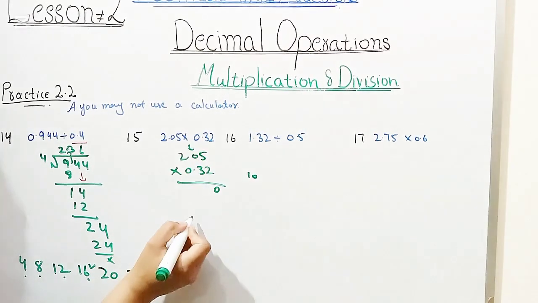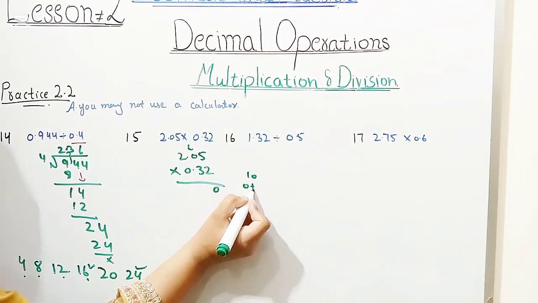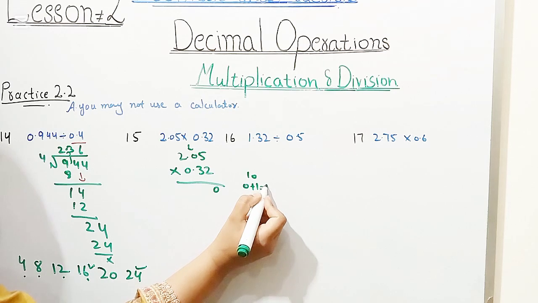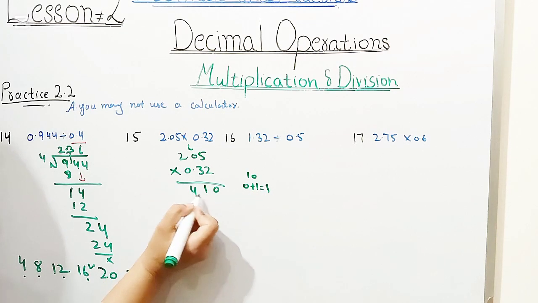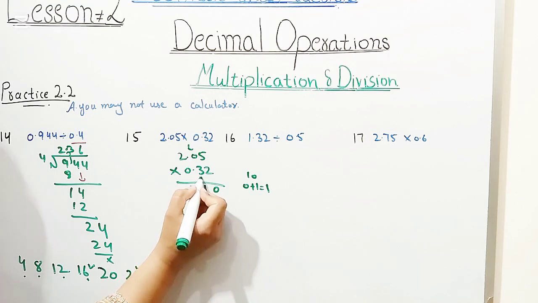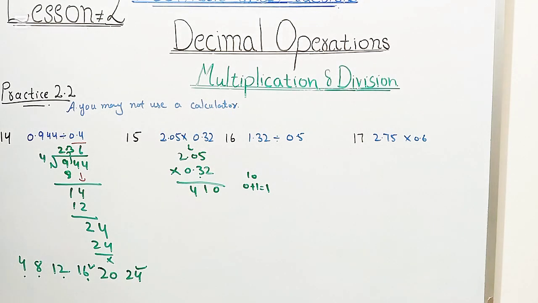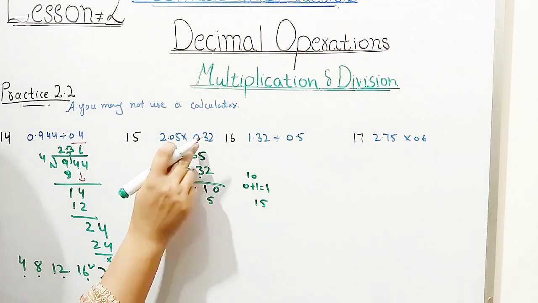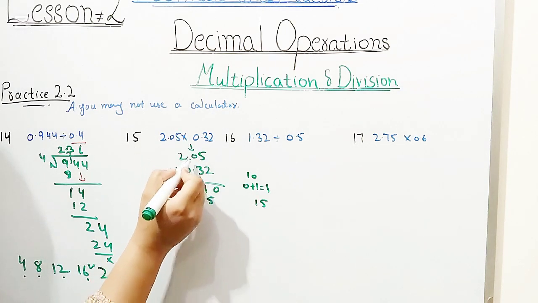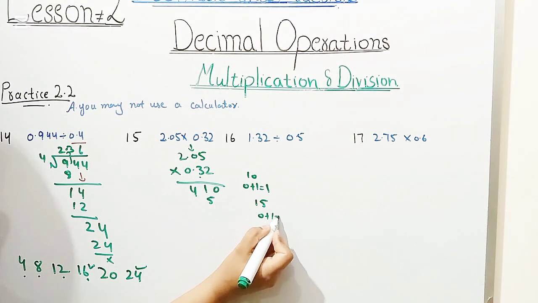Then 1 to the next value. 0 plus 1 will become 1. 2 2s are 4. Okay, 3 is the second value. Now I will write from the tens place. 5 3s are 15. I will write 5. Carry 1 to the next value. 0 plus 1, it will become 1.